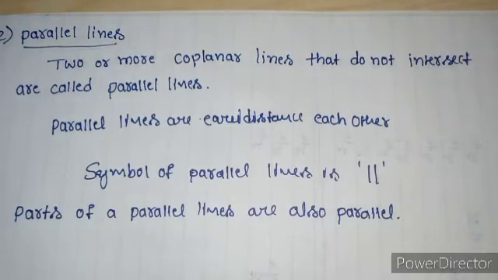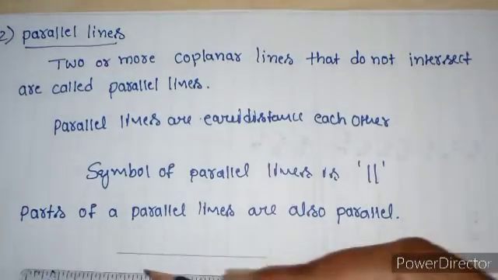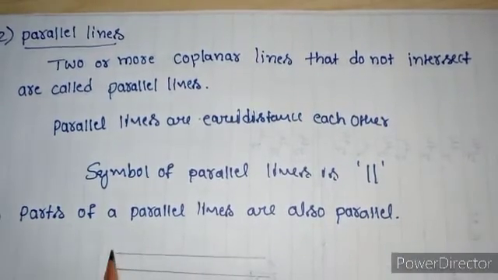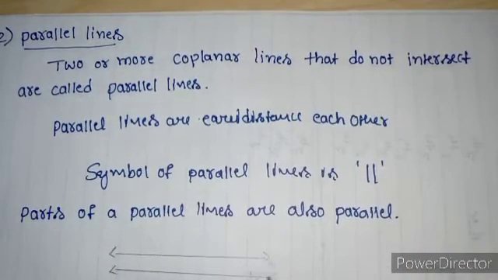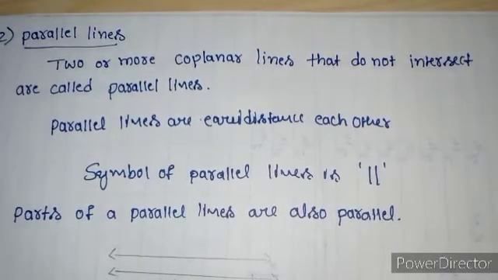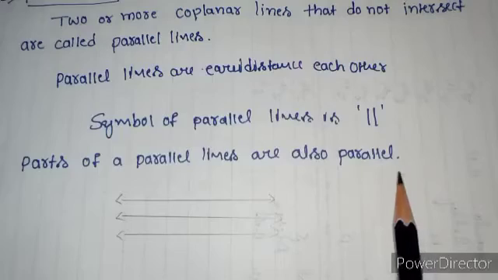For example, see here: these three lines are parallel lines, because they are coplanar lines that do not intersect. So the parts of parallel lines are also parallel.